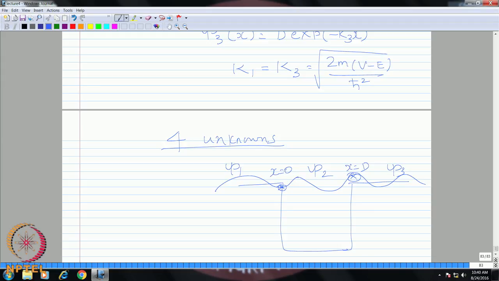So, now we will have 4 conditions: one on the wave function and one on the slope at x equal to 0, and the others at x equal to d. So, we will have 4 equations to solve for the 4 unknowns.